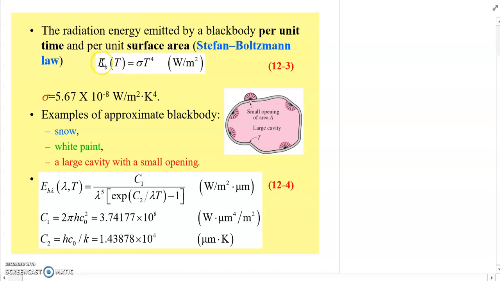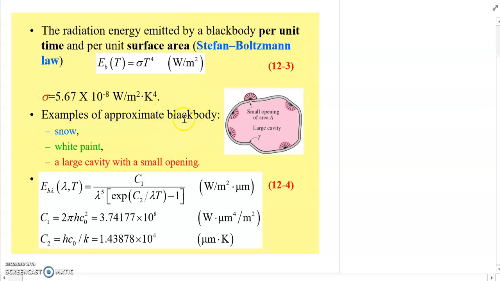Don't get confused between the capital E and the small e. Small e is emissivity, which is unitless. The small e emissivity does not have units, while the radiation energy, or radiation power, has units of watt per meter square. Now, examples of an approximate black body.